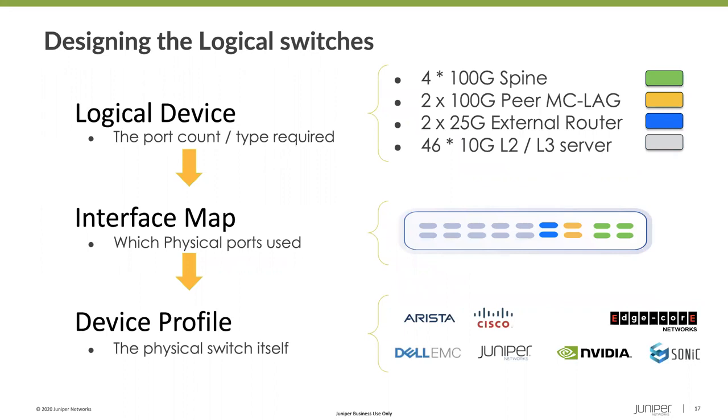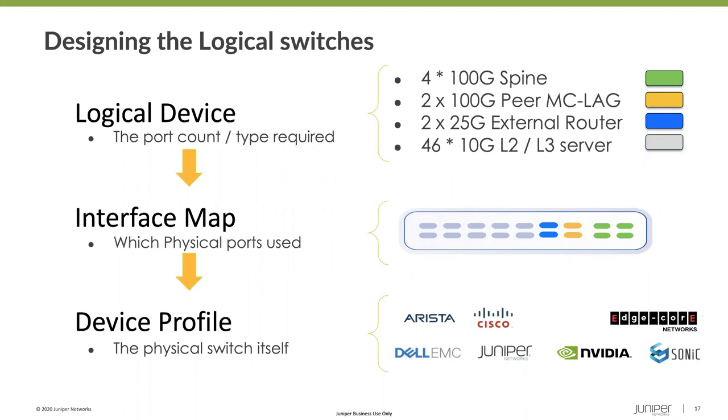And one important thing is a logical device. What is that? It's close to Lego; most people understand Lego. So in this case, you say, for instance, I need a logical device that has 400, 100 gig uplinks, and maybe 20, 25 gig server connections. That's a logical device.